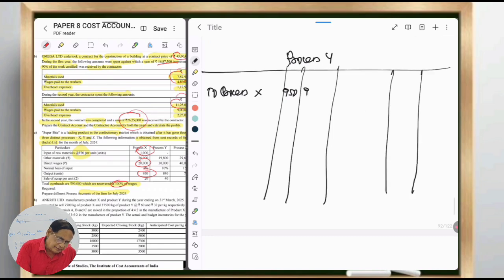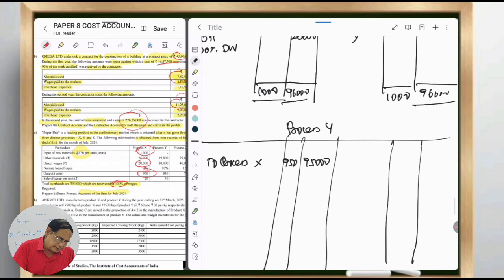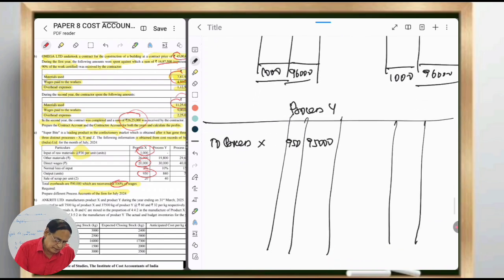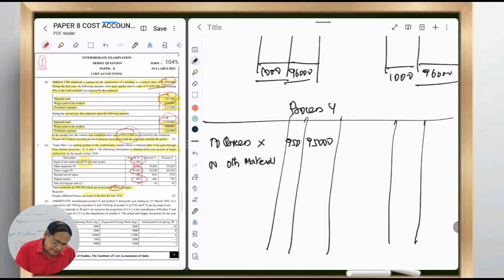So the cost is 95,000, because this output is to be treated as an input of process Y. So other materials, how much? 19,800. Direct wages 30,000, and then other overheads, that is 100% of direct wages, that is also 30,000.